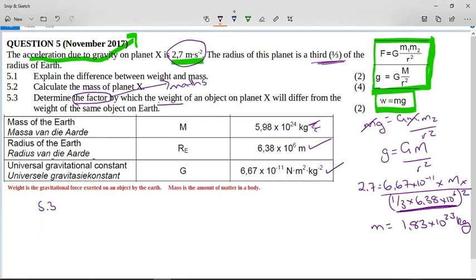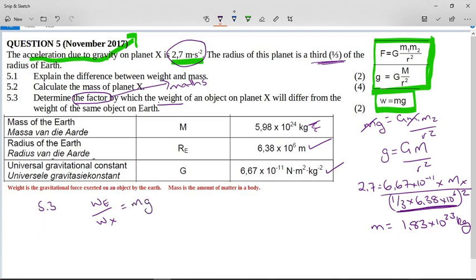So to find the factor, we're going to go the weight of the object on Earth over the weight of the object on planet X. So what is the formula for weight? It is mass times the acceleration due to gravity.